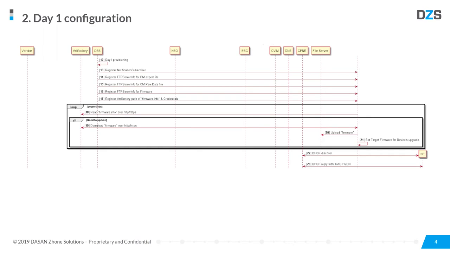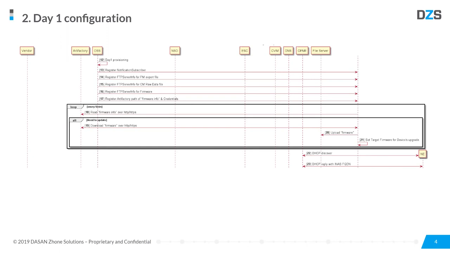So to make this scheme possible, the OSS only sends one time the path of the information file inside of the Artifactory.